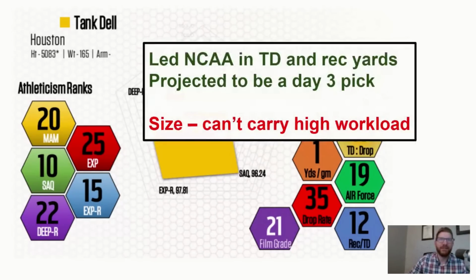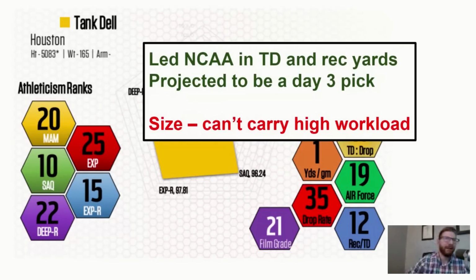And if you can get a wide receiver that led in touchdowns and receiving yards, but is also projected to be a day 3 pick, that's an interesting situation for a team like the Chiefs, who already has a lot of pieces at the wide receiver position. The places where Tank Dell could fill would be punt returner and then as a gadget player. Because of his size, he's not going to be a 3-down wide receiver.